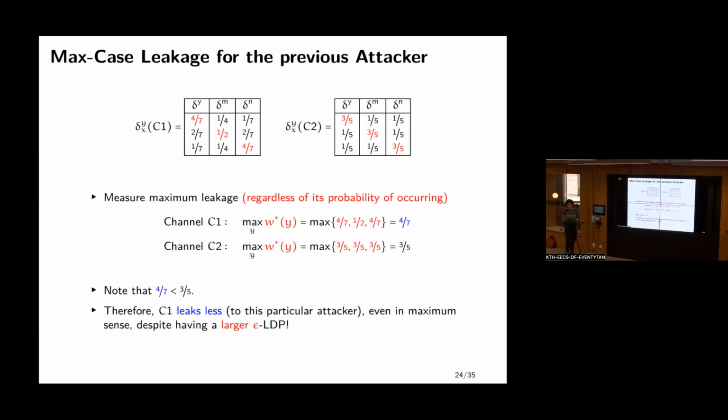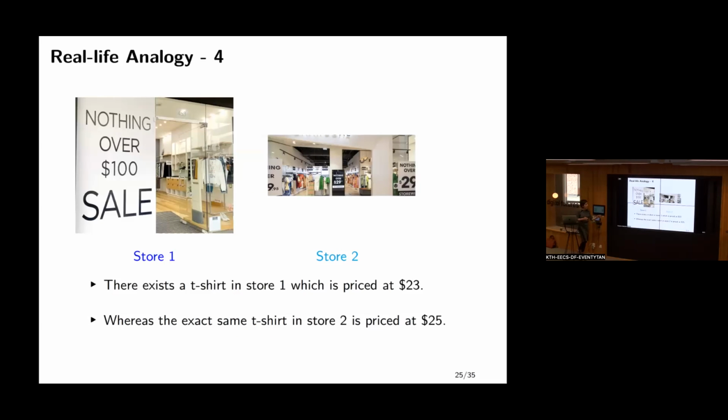So again, if we were to look at the analogy for the store situation, what we have shown is that there exists a particular T-shirt in store 1, which is priced at $23, and the exact same T-shirt, same brand, same size, everything identical, is priced higher in store 2.